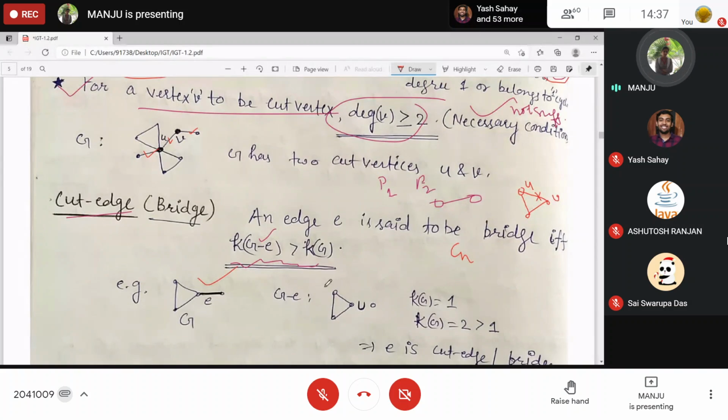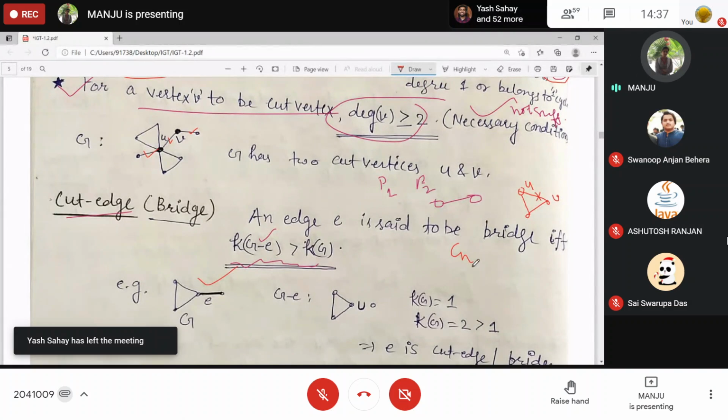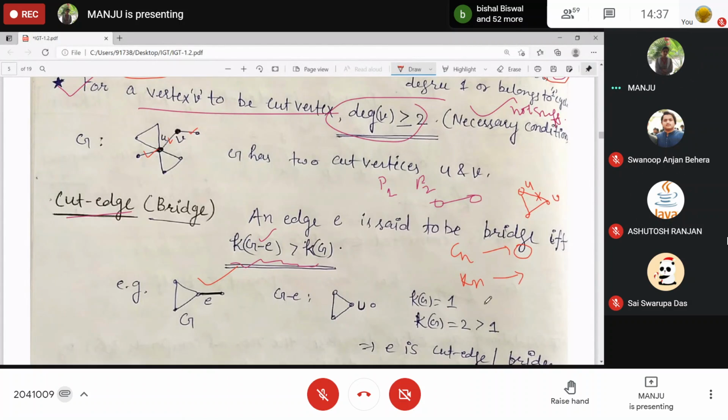How many bridges? In Cn it was 0, right? In Kn, zero, except K2.